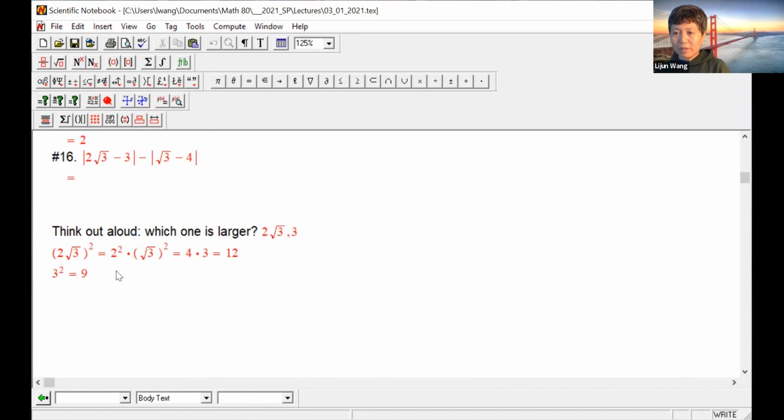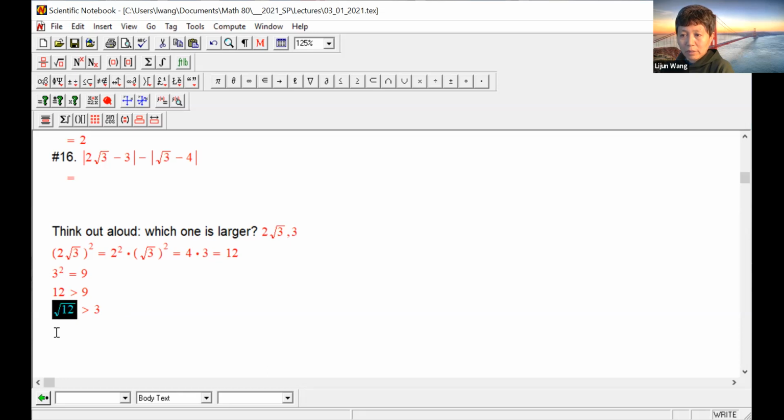Obviously, 12 is larger than 9, isn't it? Do we agree? If 12 is greater than 9, I'm going to take a square root on both sides. It's still going to be root 12 is larger than root 9, right? Root 9 is 3.